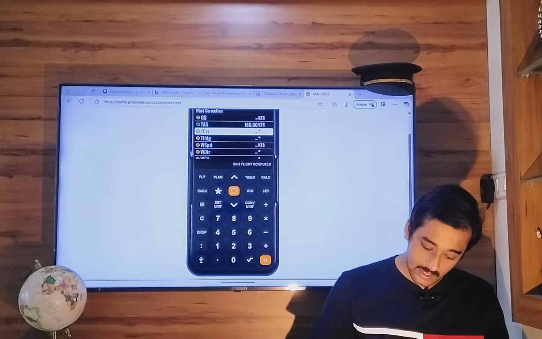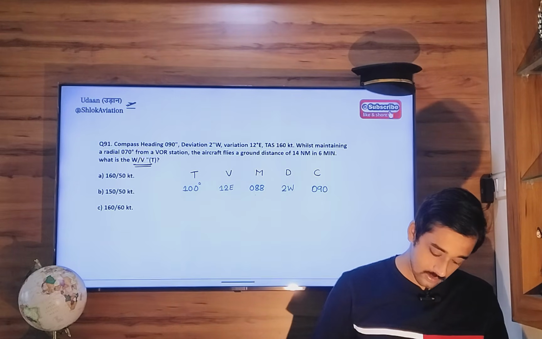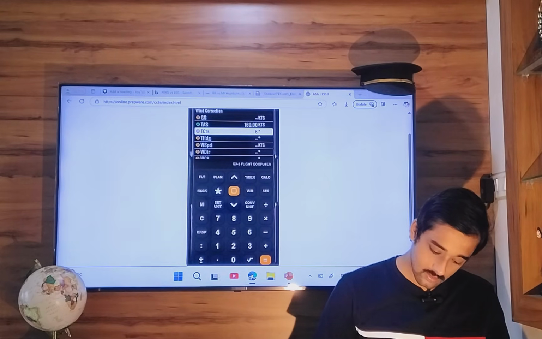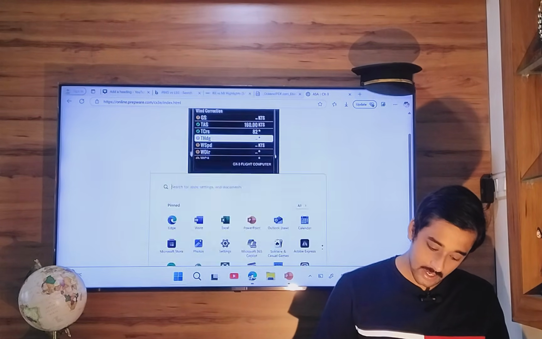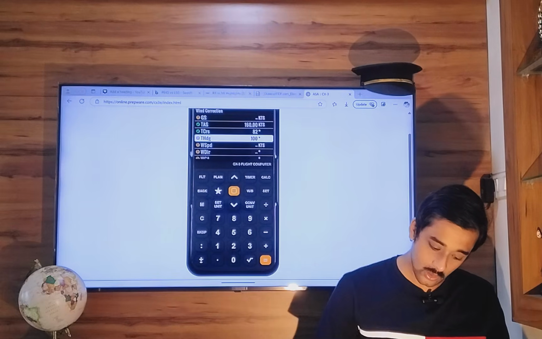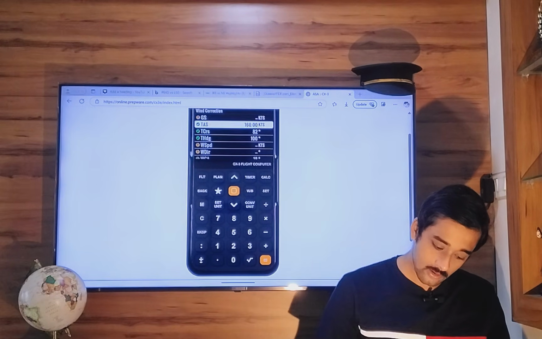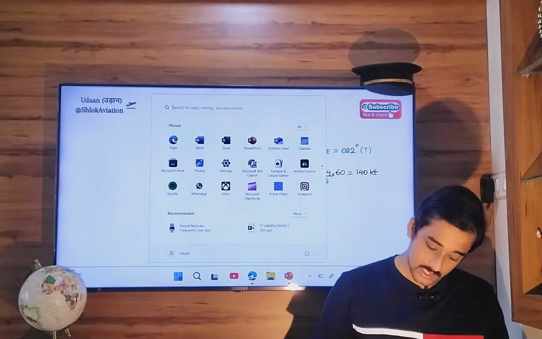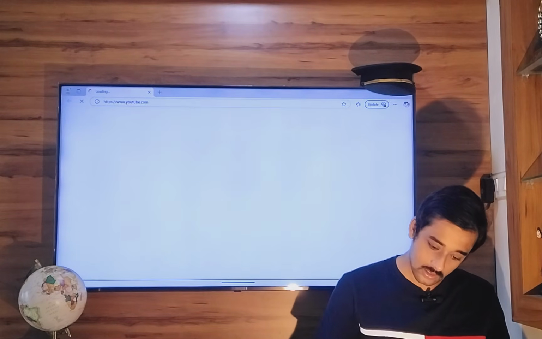True course, you are tracking a course or track of 082. You are flying a heading of 100 true. And your ground speed is 140 knots.